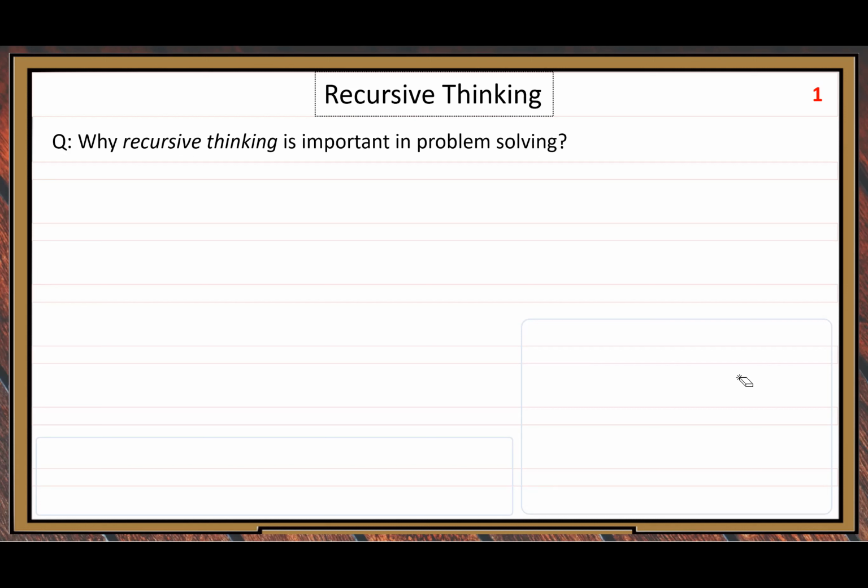Why is recursive thinking important in problem solving? We know the current high-level programming languages all support recursion. Some very old programming languages did not support recursion, but modern programming languages all support it.